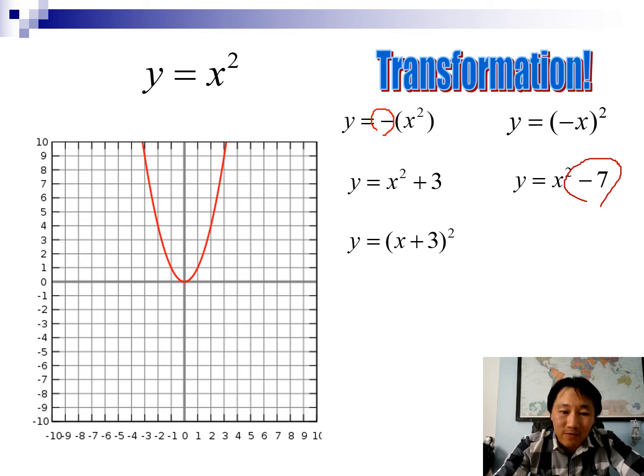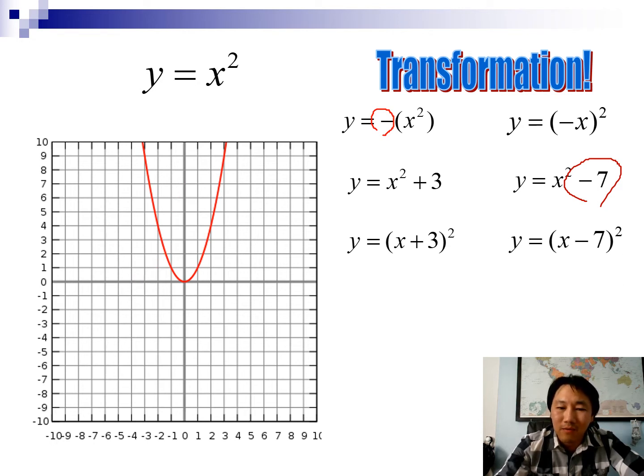So instead of 0, 0, it is at -3, 0, and then it's the same graph. It almost looks good, but yes, that +3 on the inside just shifts it to the left 3.